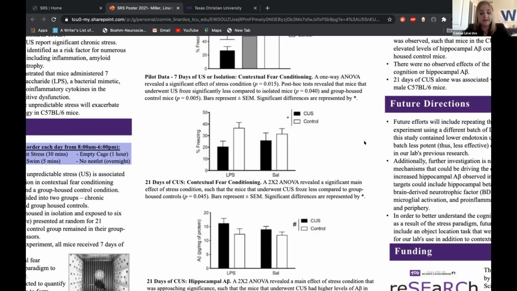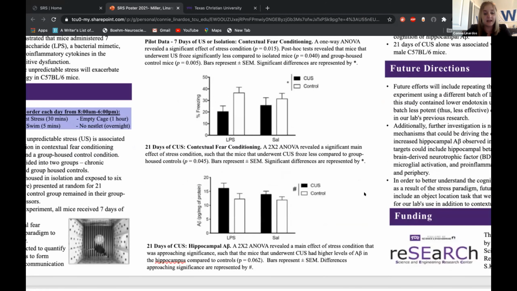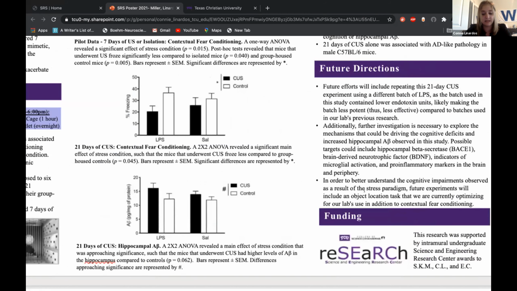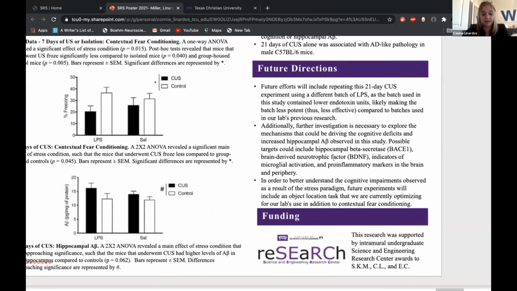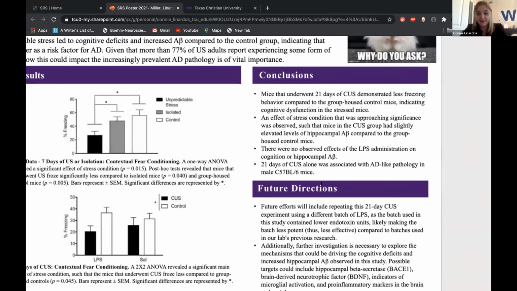And then in the third graph, you can also see that there is a main effect that was approaching significance, such that the CUS animals had a higher A beta protein when compared to the controls. While this wasn't quite significant, it was trending in the hypothesized direction. Because of this, we were able to conclude that 21 days of CUS was associated with Alzheimer's-like pathology in C57 black 6 male mice. And I'll pass it back to Evan for future directions.